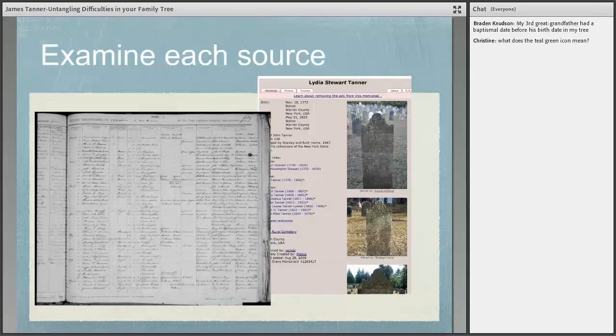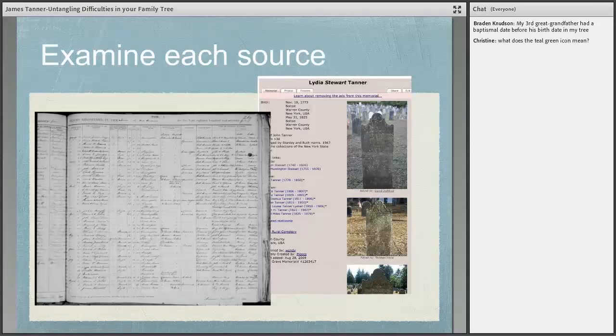So whoever attached the source didn't bother to look at the source and transfer the information that was contained in that source into the details for the individual in the family tree. And that's part of the problem with establishing and cleaning up the information that's there.